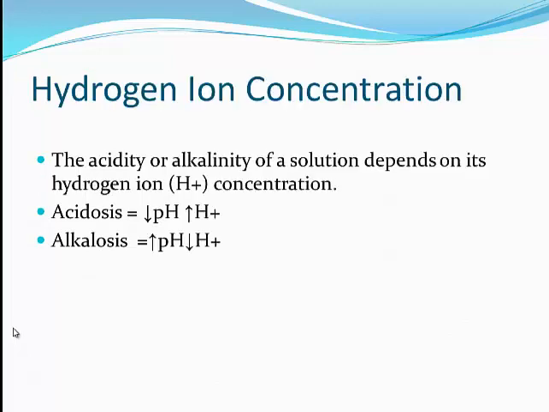Hydrogen ion concentration. The acidity and alkalinity of a solution depends on its hydrogen ion concentration. In acidosis, whenever the pH is going down, the number of hydrogen ions is going up. That is what makes them acidotic. In alkalosis, if the pH is going up, it's because the hydrogen ions are going down.